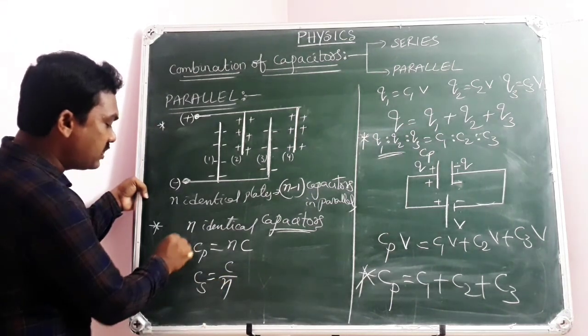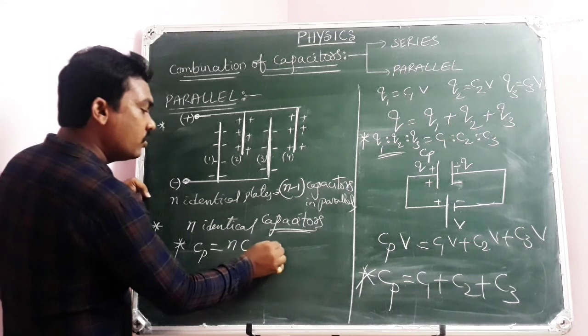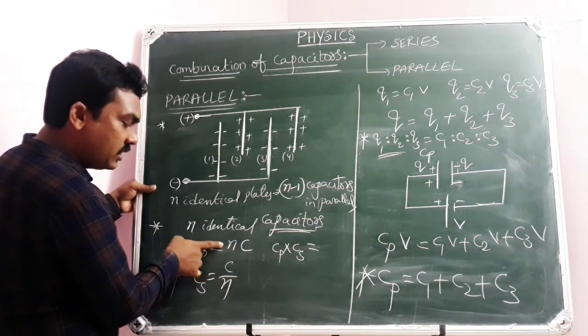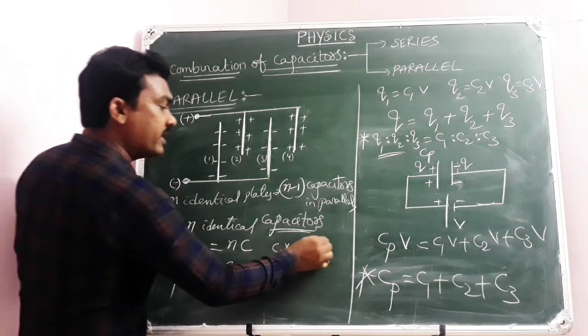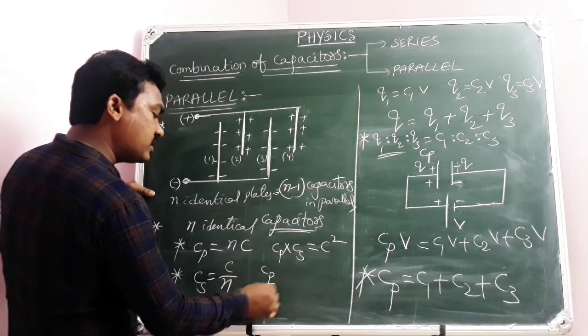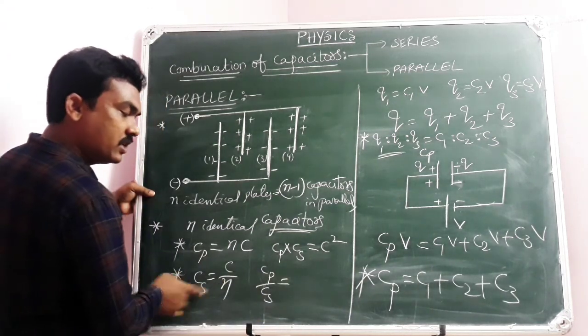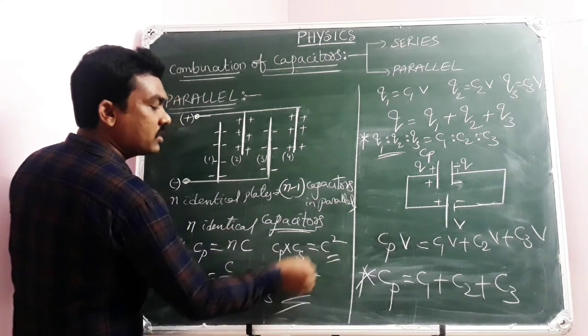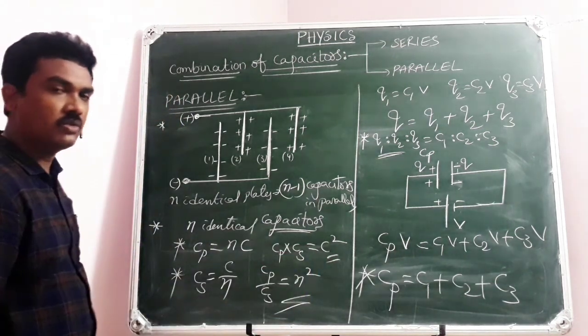So Cp is known, Cs is known. If you do Cp into Cs, you will get C square. If you do Cp by Cs, you will get n square. Means you will get the number of capacitors and you can get individual capacitors.